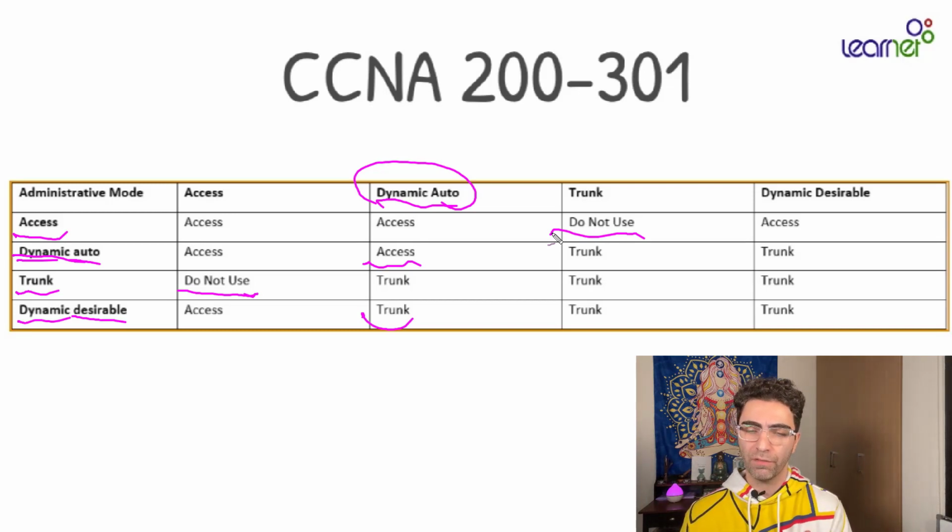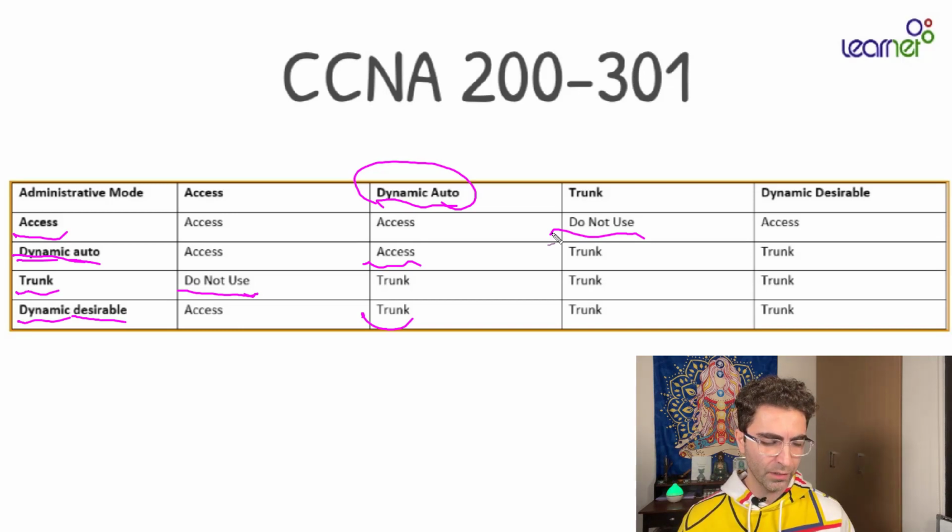You either want an interface being an access or a trunk. So setting one side trunk and the other side access doesn't make sense. It is not recommended, and it may create some problems for your communications as well. So Cisco does not recommend you to set your switch port modes like this.